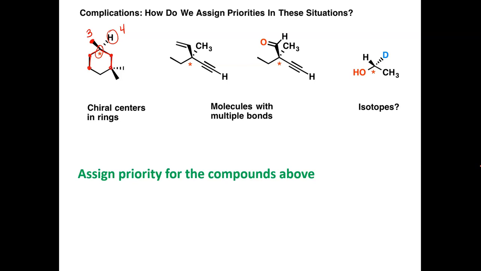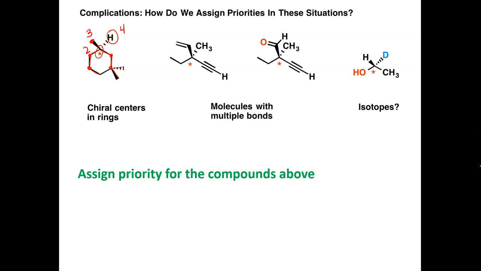Now there's a difference: the carbon on the right side is attached to 2 other carbons, and the carbon on the left side is only attached to 1 other carbon and then 2 hydrogen atoms. So we know that the one on the left is the next lowest priority. So that is priority number 2. Sorry, this should be up here, 2.